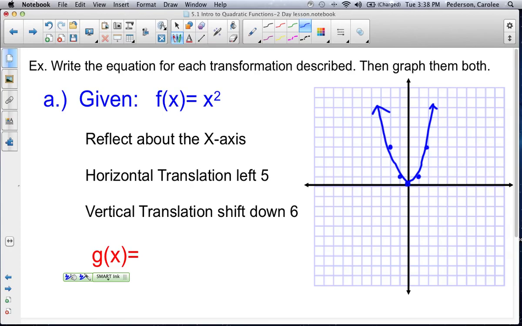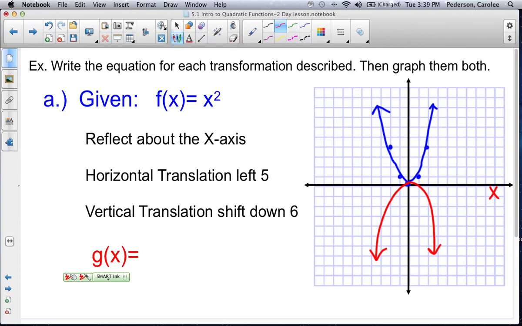Now we want to reflect that about the x-axis. So what it's going to look like is it's going to first just flip about that axis.